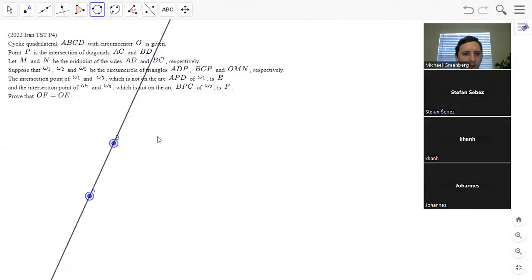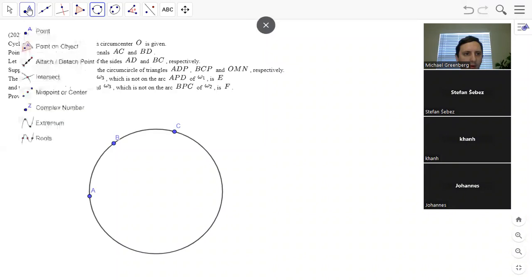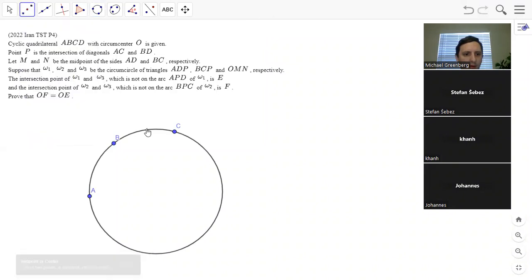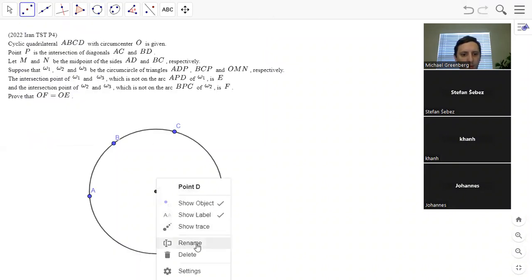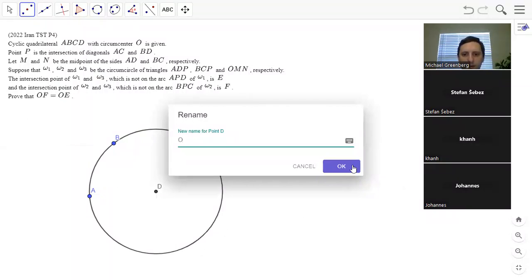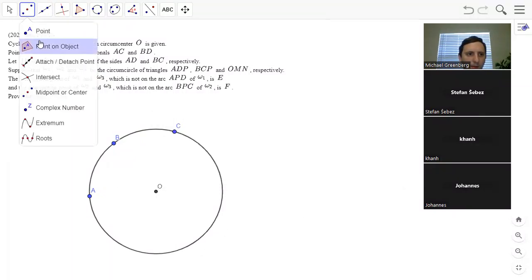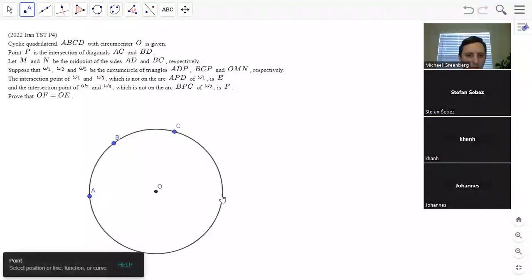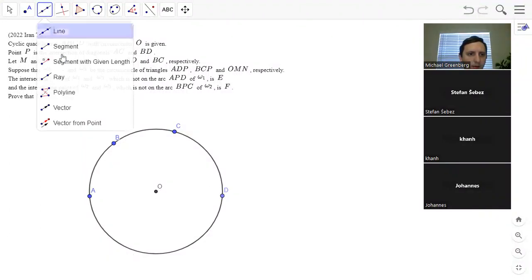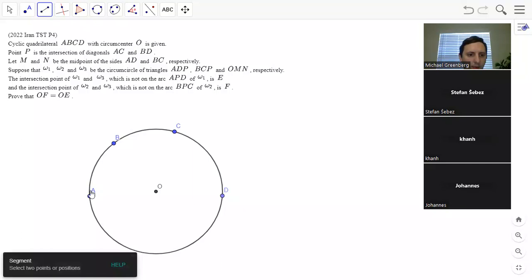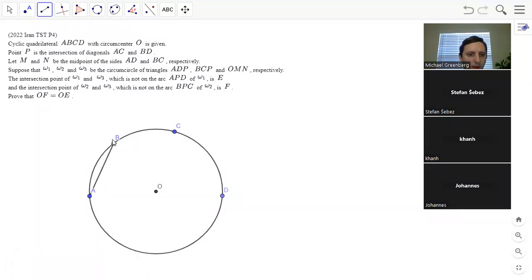We draw the intersection of the diagonals. Let's draw the sides and diagonals, and then we draw the midpoints of AD and BC.